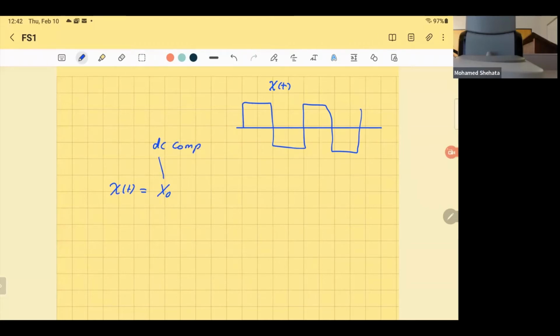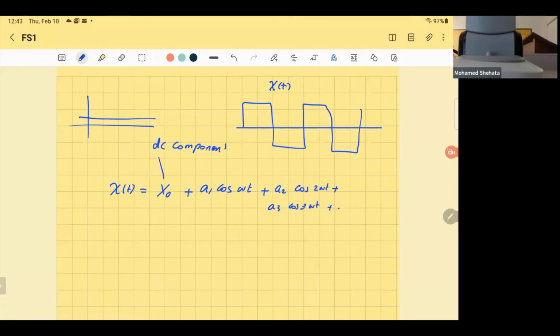What does it mean, DC component? It means maybe it has a DC level like that, whatever value, 1 volt, 2 volt, like that. And some harmonics, let's say A1 cosine omega t plus A2 cosine 2 omega t plus A3 cosine 3 omega t.